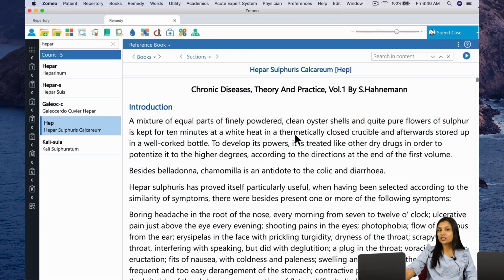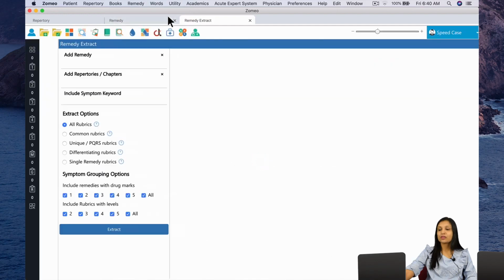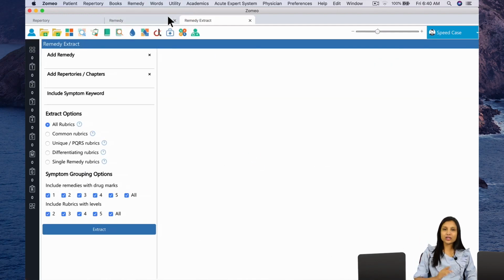To access materia medica extract, we once again click on remedy from the topmost menu bar and select the second option, that is remedy extract. Now here on the left hand side is a section where we need to enter those parameters that we are looking for in the remedy.